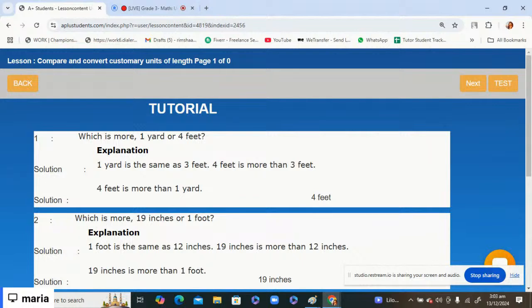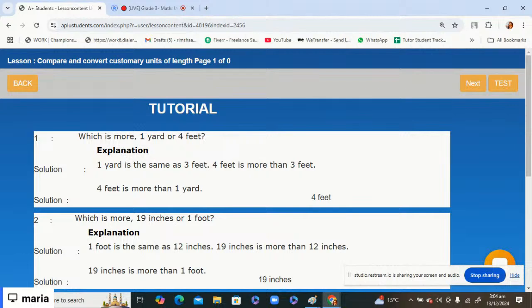Okay, so as we know, length can be measured in meters, centimeters, millimeters, feet, inches, yard. We can measure lengths in different units.